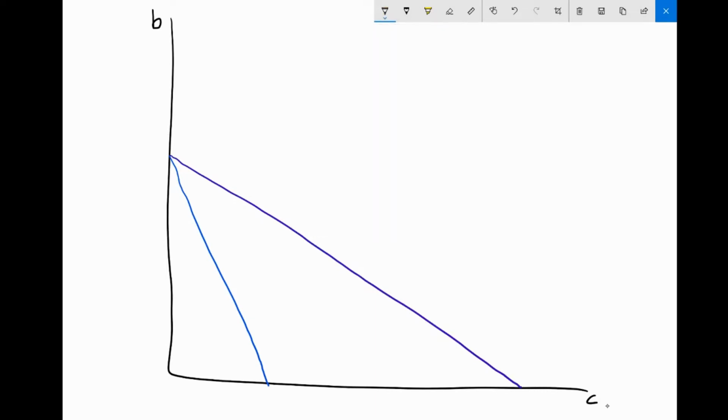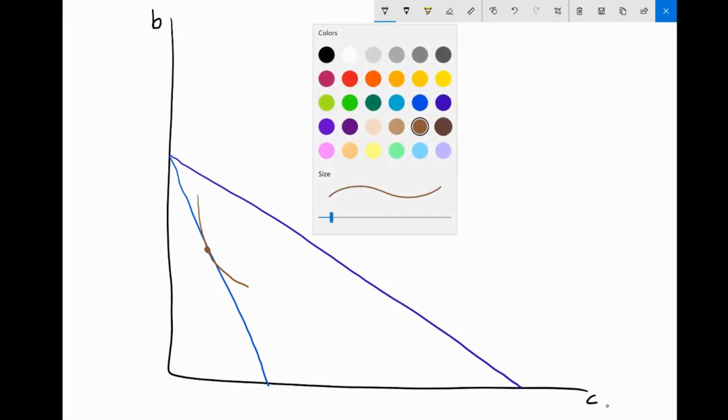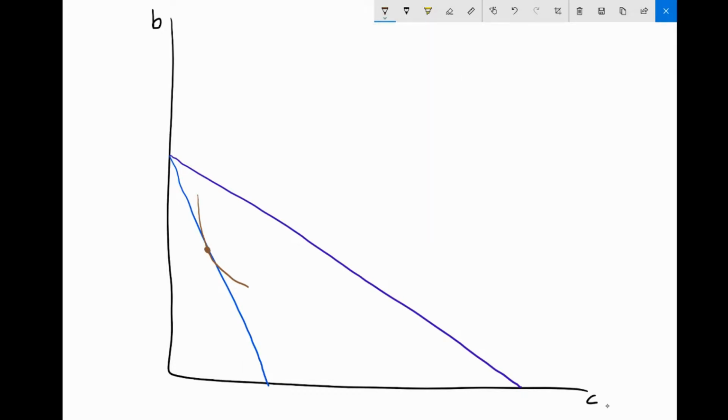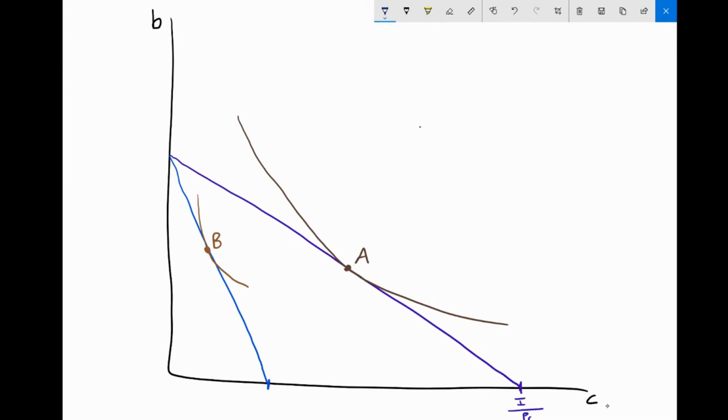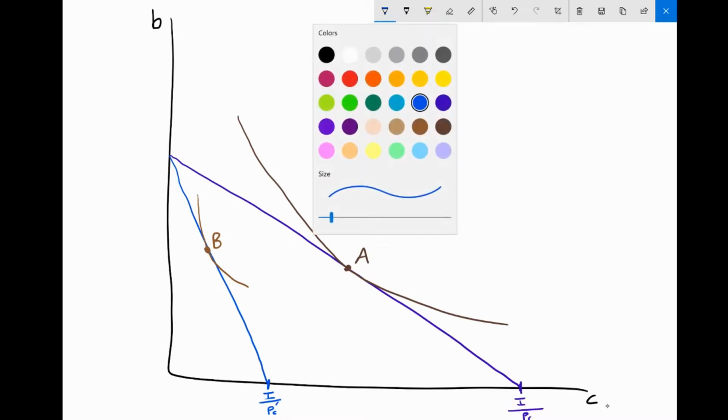I didn't mean to erase the whole thing. So, okay, B.